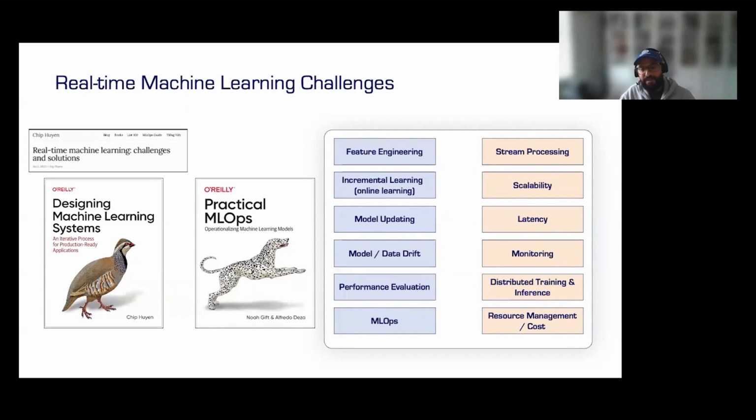On the other side, we have challenges that are more related to the platform or infrastructure side of things. As we mentioned, stream processing scalability is really important. Latency, similarly, is key when we're dealing with machine learning; we want to reduce it as much as possible.